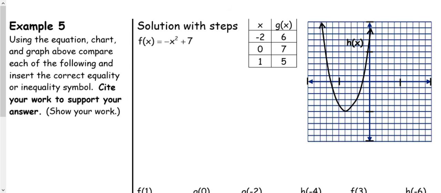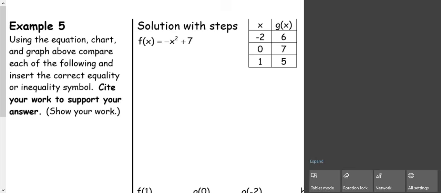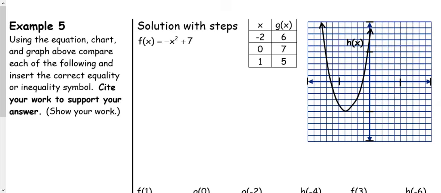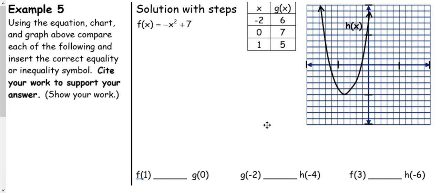So the last one we have here, we're going to compare several different values and 3 different functions. If you look, we've got f of x, we've got g of x, and we've got h of x. So you've got to pay attention to what it's asking you to evaluate.